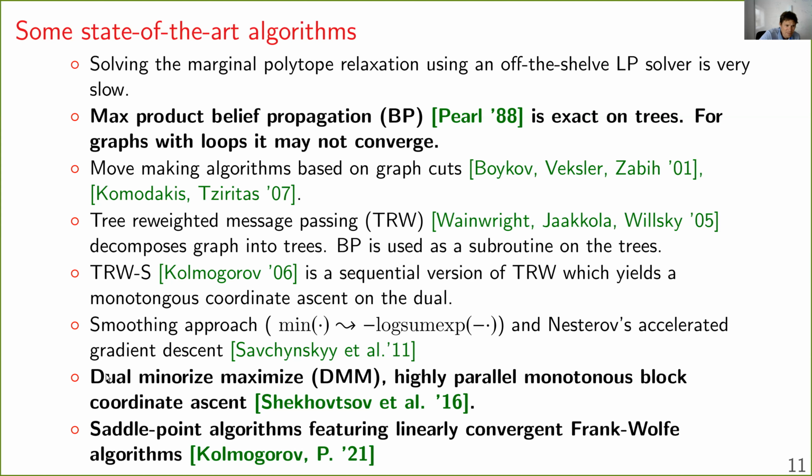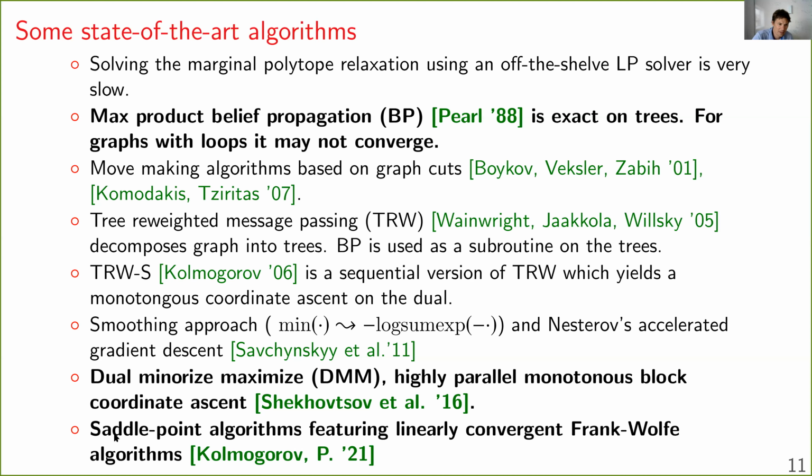There's also one algorithm that is a highly parallel variant of TRWS, which we developed some years ago together with Alexander Shekhovtsov, which also works very well in practice and which I will explain a little bit later. Very recently, together with Vladimir Kolmogorov, we considered the saddle point formulation, which comes from a Lagrangian relaxation of the problem.